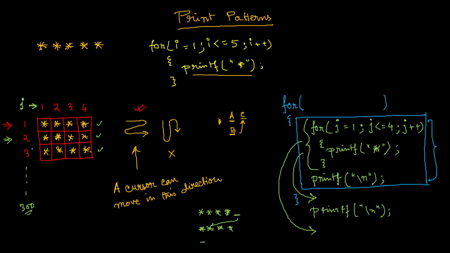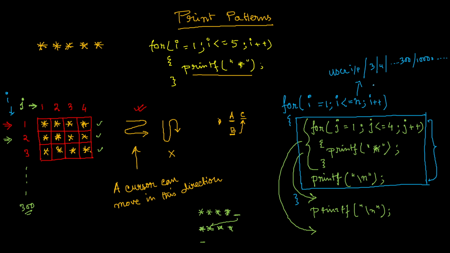For example, if I consider this row is represented by i, that's why I use j over here. So i starts from 1, and i can go up to n, i plus plus. And what is n? n can be a user input. n can be 3, n can be 4, n can be 300, n can be 10,000, anything.